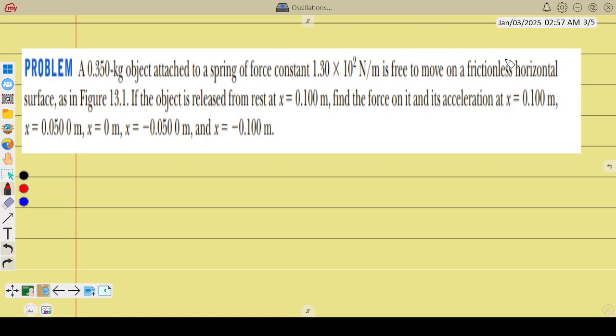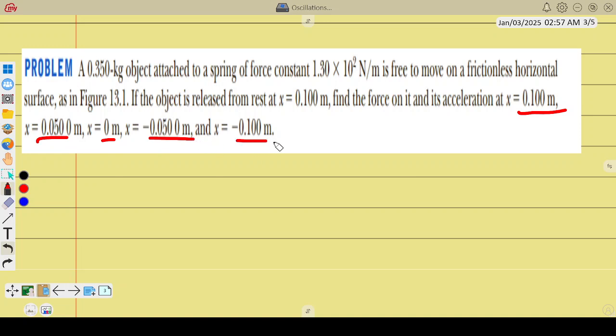It has that force constant and it moves on a frictionless horizontal surface. If the object is released from rest at x equal to 0.1, find the force on it and its acceleration at this point, this point, this point.